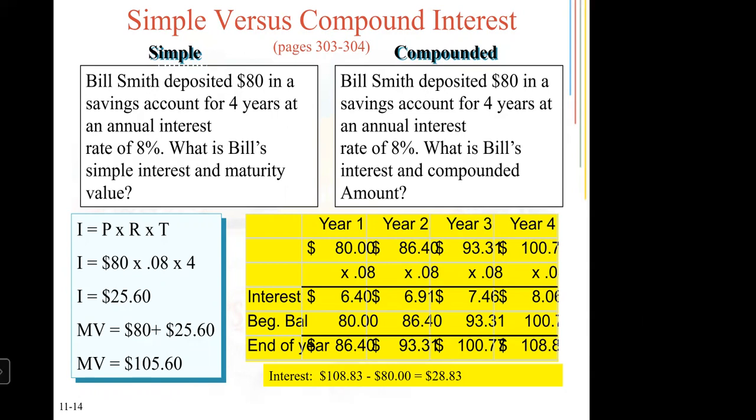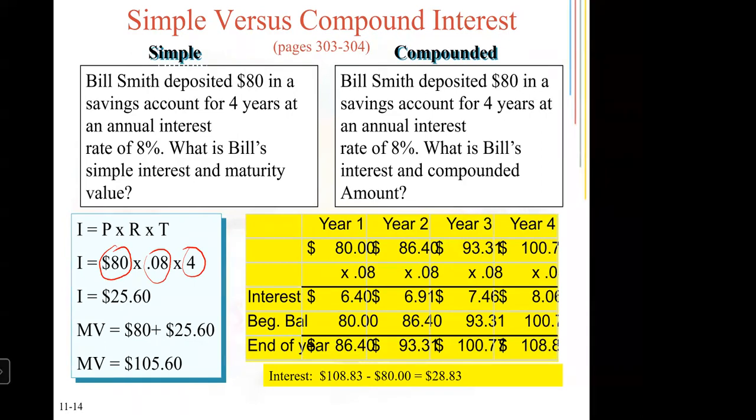Okay. So with the simple interest, our principal is $80, and we find 8% of that for 4 years. And it works out in this case to $25.60.